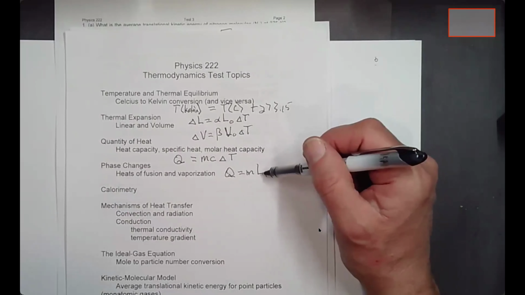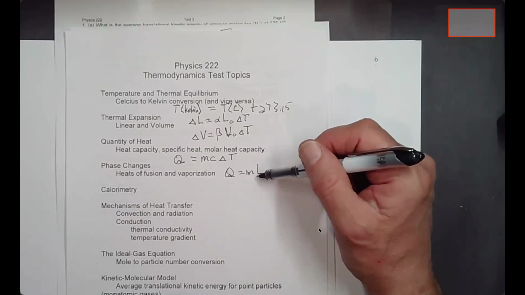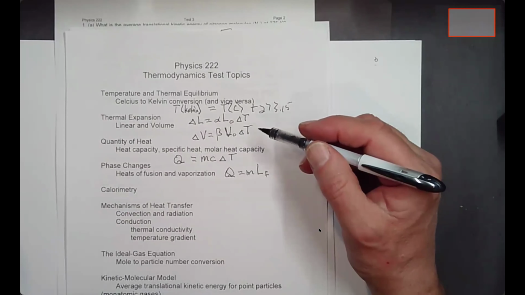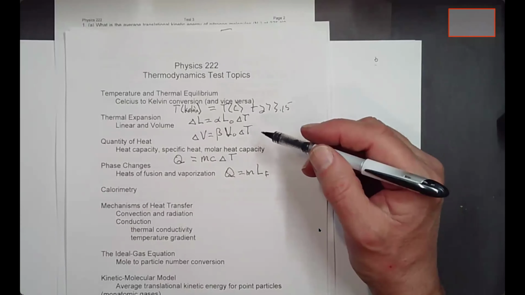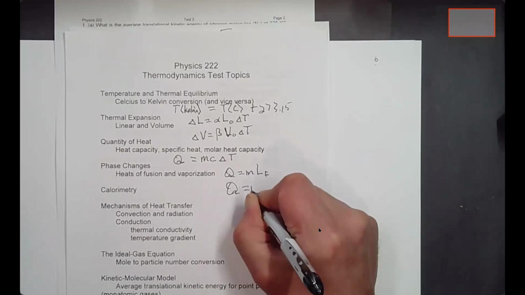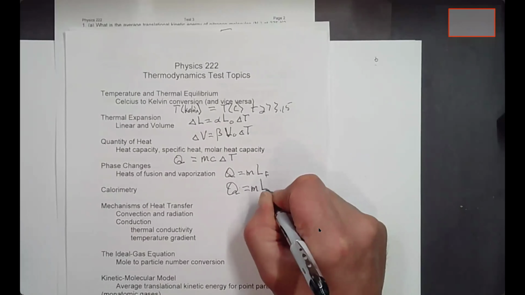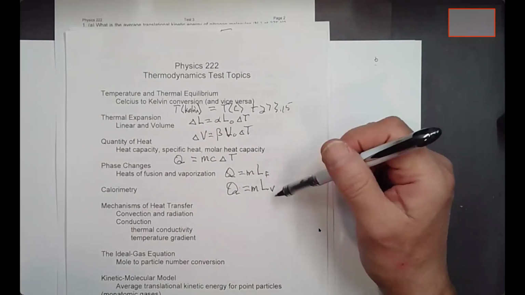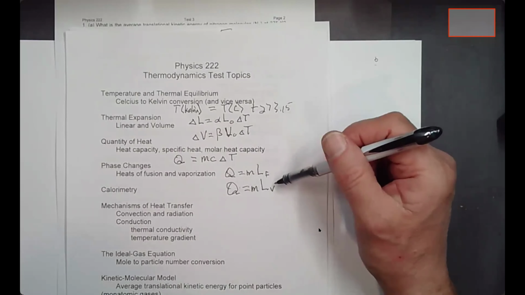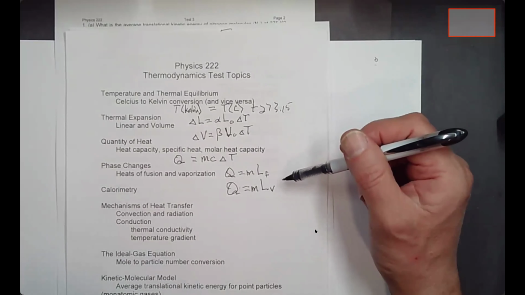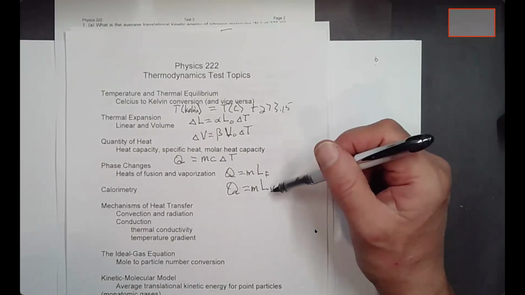Or if you're changing something from a liquid at its boiling temperature into a gas, then you have the mass of stuff and you multiply by the heat of vaporization. Those are things that have been experimentally determined, and you have to look them up in a table, or you'll be given them for the problem.